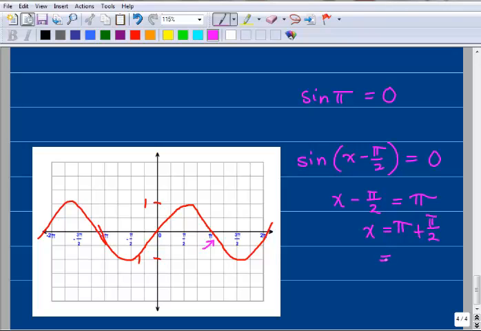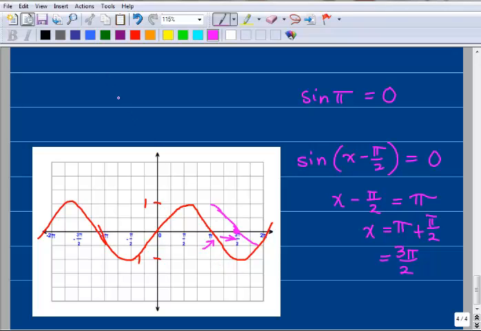Pi is just 2 pi over 2, and 2 pi over 2 plus pi over 2 is 3 pi over 2. So this 0 at pi gets mapped to 3 pi over 2 in the transformation, which means that this graph is being shifted to the right.